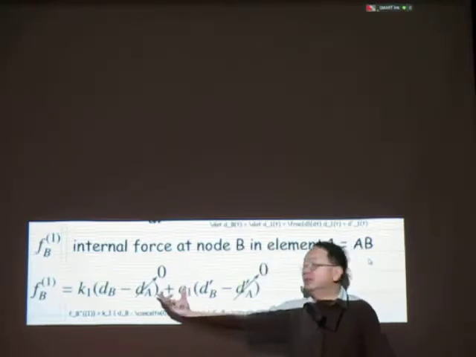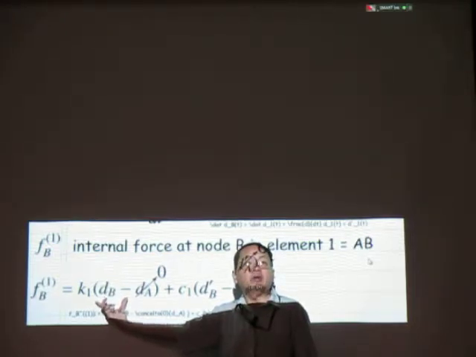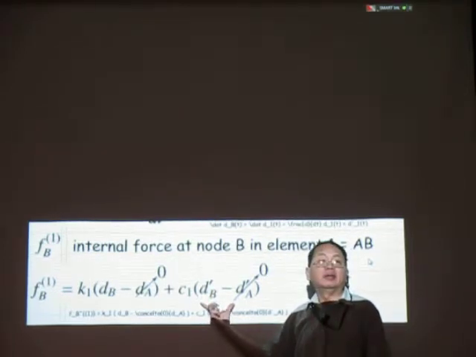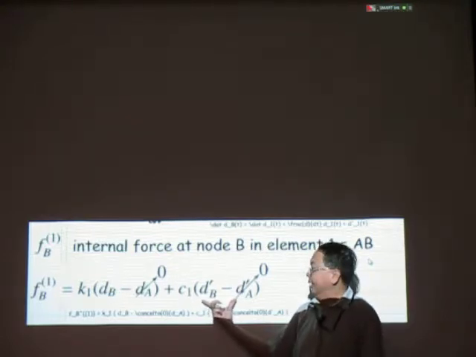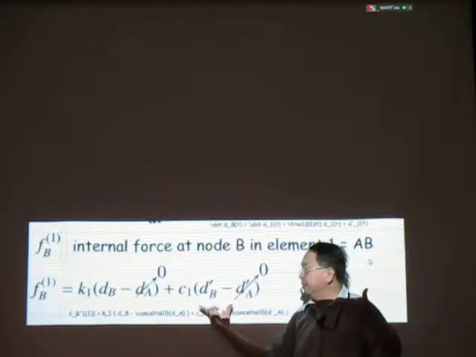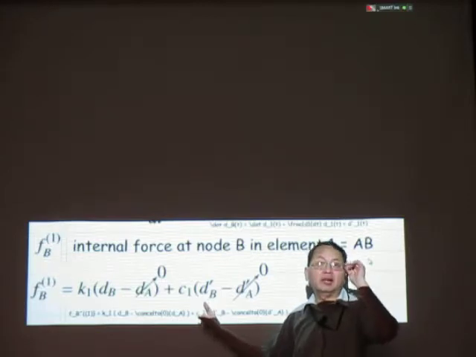Right? So once you understand the meaning of the first term as the spring force, then the interpretation of the meaning of the second term should also be clear. I say should, but not entirely obvious, right? If one does not see the relationship between the damper force and the displacement, right?